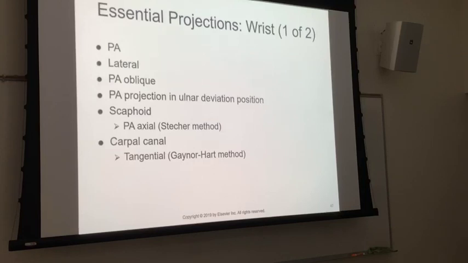So again, we'll shoot PA, we'll shoot lateral, we'll shoot PA oblique, we'll shoot what we call ulnar deviation, which is for the scaphoid. We'll shoot a Stecher method, which is also for the scaphoid, but we'll do a hybrid between these two, which is, again, what a lot of hospitals do. Why they don't have it in the textbook, I'm really not sure.